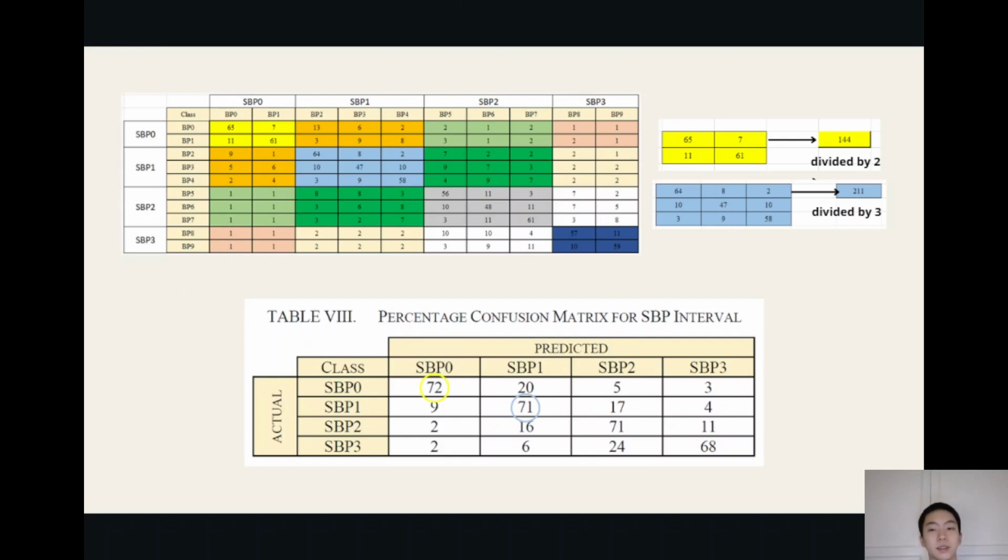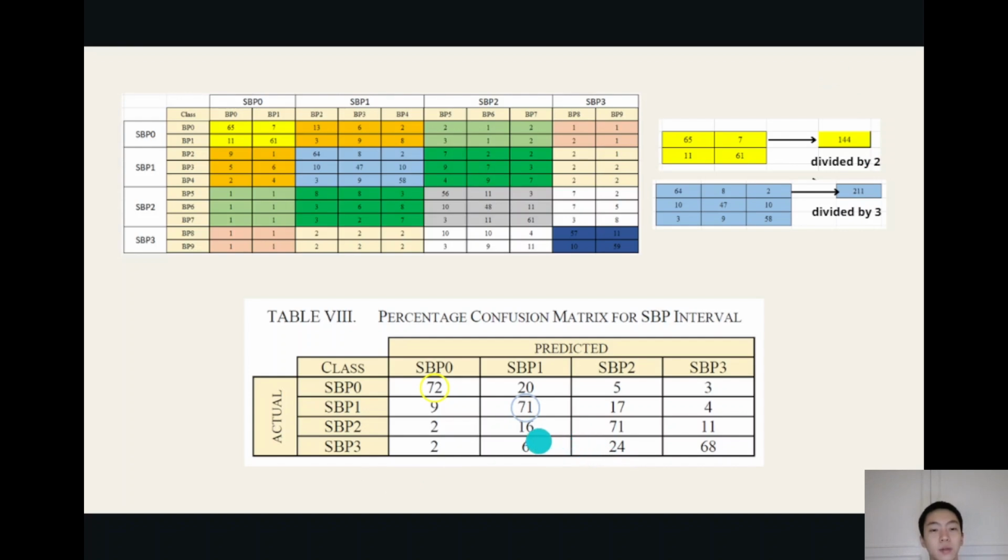From this 10-class confusion matrix, we can also derive a confusion matrix specific for each SBP interval. For example, SBP0, which includes BP0 and BP1, the 72% value comes from the yellow boxes. We add them up, getting 144%, and since there are 2 BP groups, we divide by 2, getting 72%.